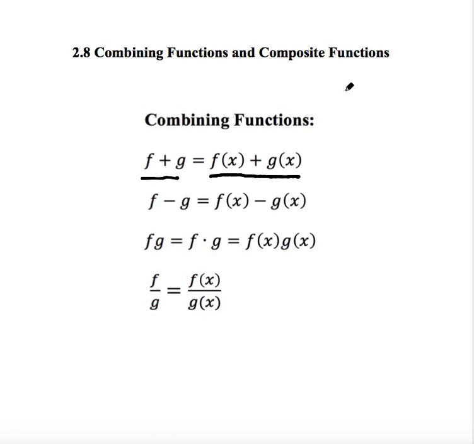Making sure you're familiar with what the question's asking. So if you see f divided by g, they want you to take your f function and divide by your g function. I like the notation on the right-hand side, actually, with the f of x and the g of x written out. I think it makes a little bit more sense, but you're going to see both notations.